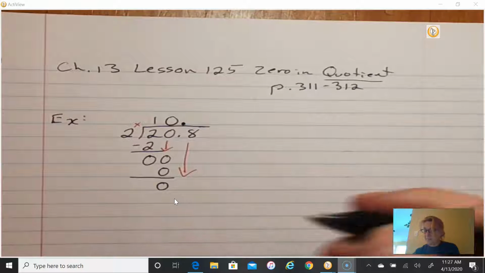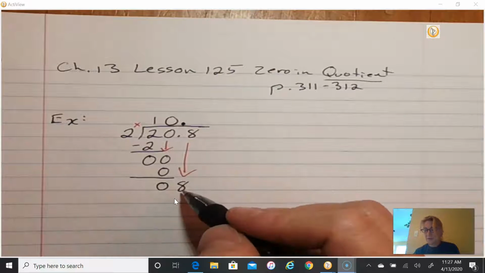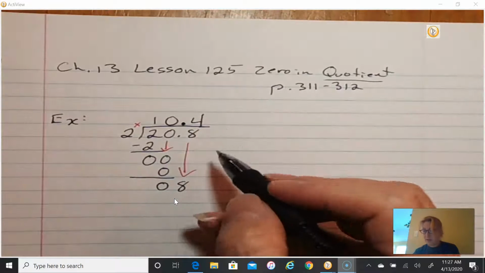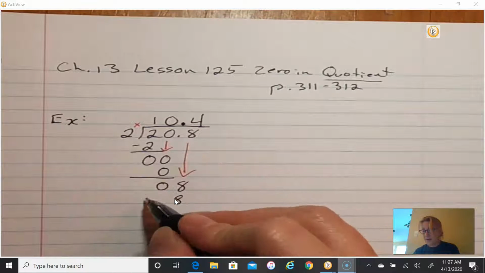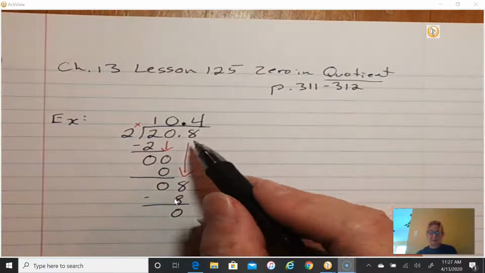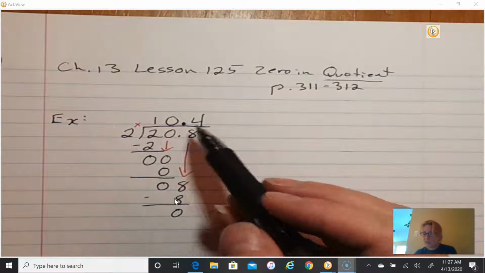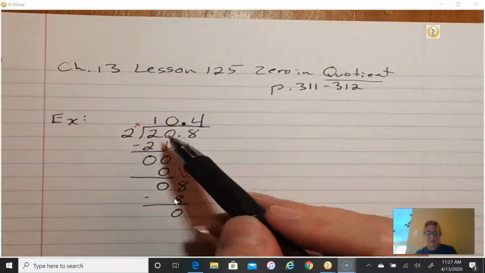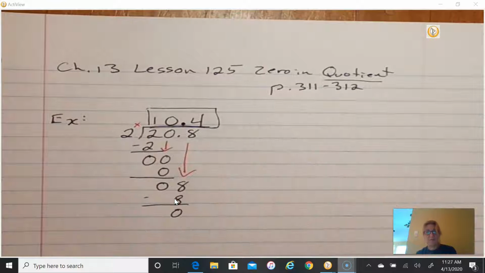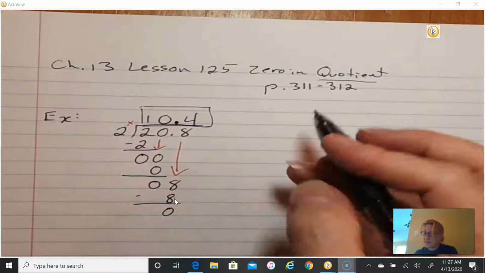Bring down your 8. How many times 2 go into 8? 4 times. 4 times 2 is 8. Now we're done. Remember, yesterday we were annexing zeros. Right here, we're just getting used to this. This is what's new. So there's your answer. That's what you're doing today. Let's do another one.